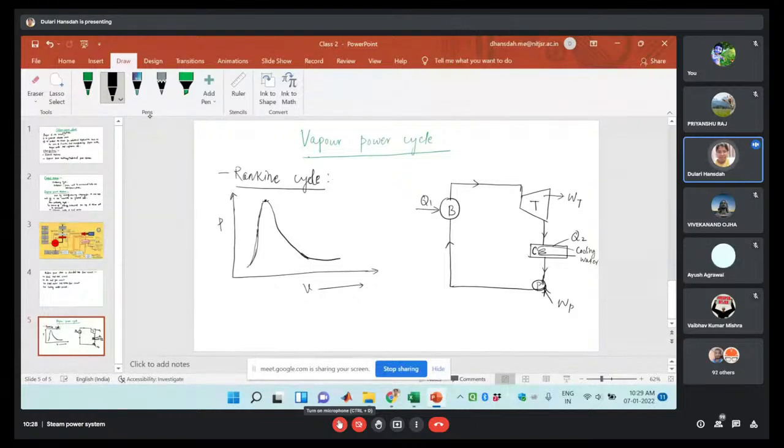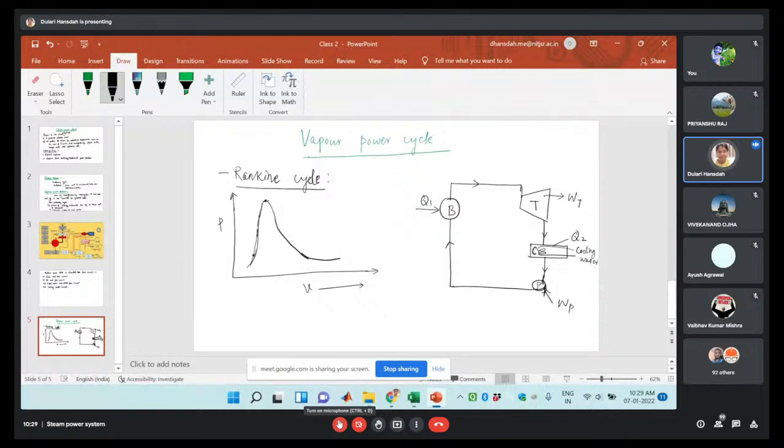That steam may be wet steam, or saturated steam, or superheated steam. In the boiler there will be a constant pressure heat addition process.